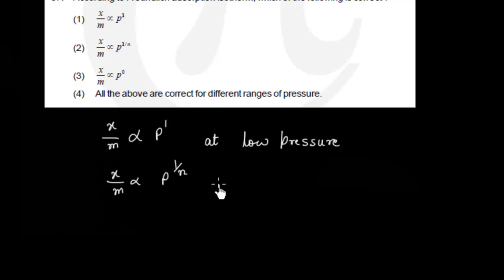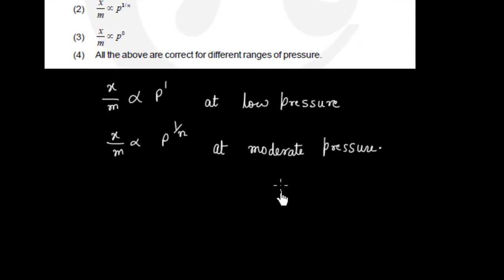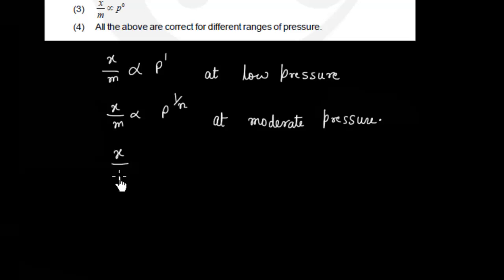It depends upon the nature of the surface you have and the nature of the molecule you have. So this expression is true at moderate pressure. Now x by m is independent of pressure, P to the power 0, at high pressure.